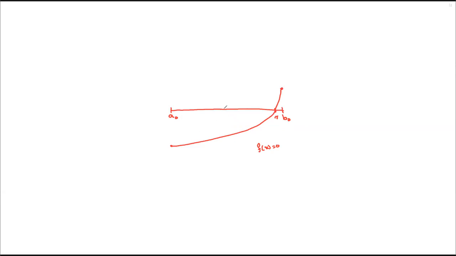Instead of exactly bisecting the interval, why can't we just take the point a naught, f of a naught, which is this point, and b naught, f of b naught, which is this point, and now draw the line joining these 2 points and take the point of intersection of this line with the x-axis as your point x1, and now you see the sign change on either side of x1.